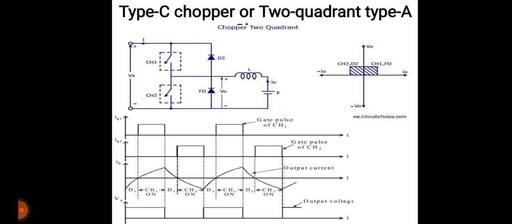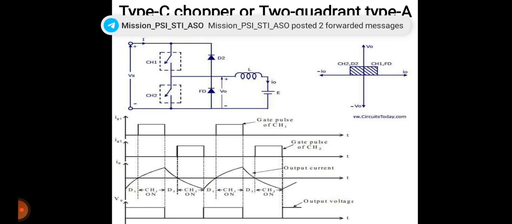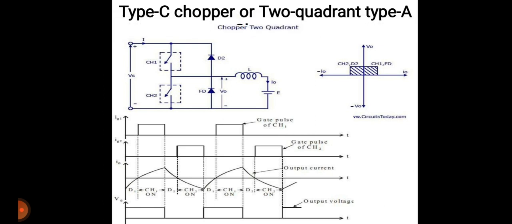When CH2 is on or the freewheeling diode FD conducts, output voltage V0 is equal to 0. And in case chopper CH1 is on or diode D2 conducts, output voltage V0 is equal to Vs. The load current I0 can however reverse its direction.